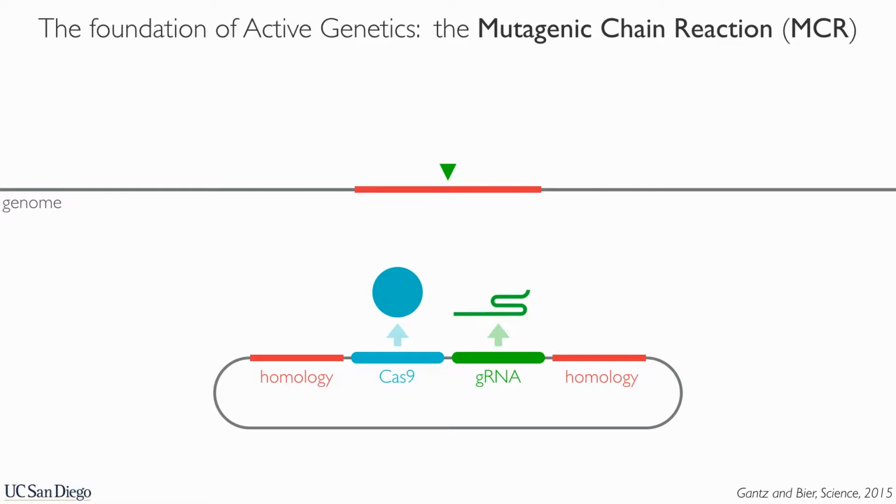These are a protein, an enzyme that is capable of cutting the DNA, and a guide RNA that guides the enzyme to a specific location. This can be coded and engineered to cut wherever you want in the genome.